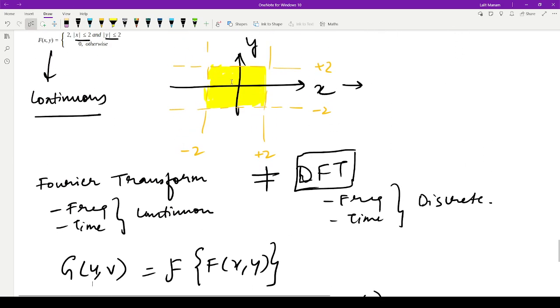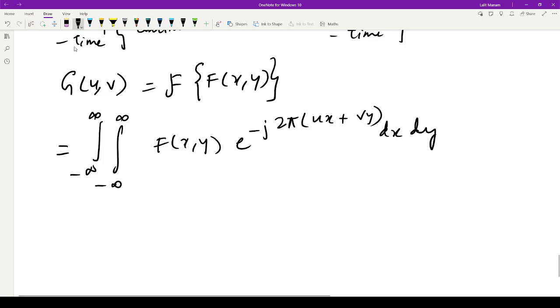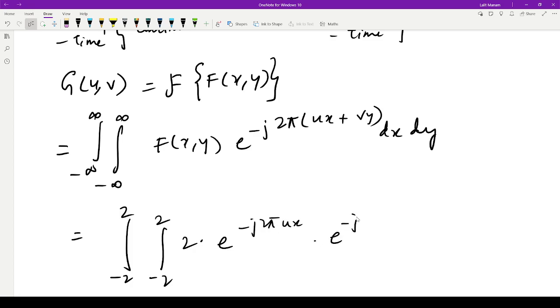This signal exists in a specific square box, else it is zero. So I'll write the limits as minus 2 to 2, minus 2 to 2, within which the value of the signal is 2, times e to the power minus j 2 pi ux times e to the power minus j 2 pi vy dx dy.